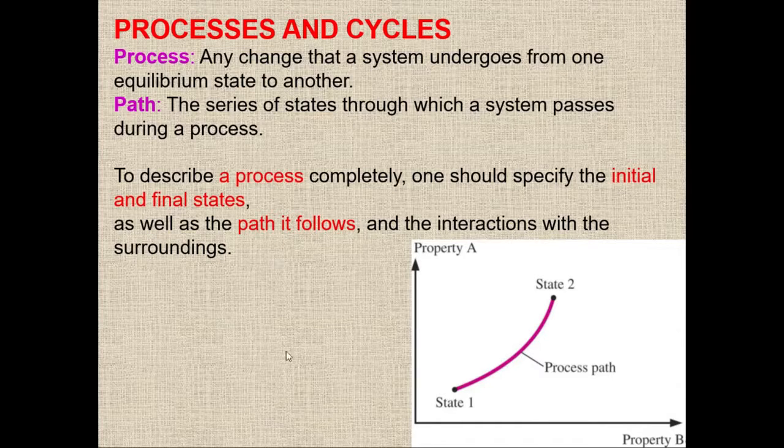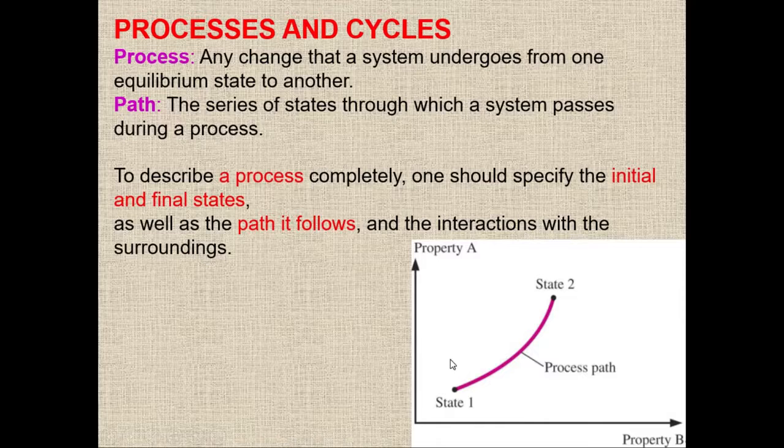Here in this figure, you can see we have state number 1 here, and this is state number 2. We have two different states, and this is the path. So the path can be different. If I have to move from state 1 to state 2, I can go from here, I can go from here to here as well, or I can use this path as well.